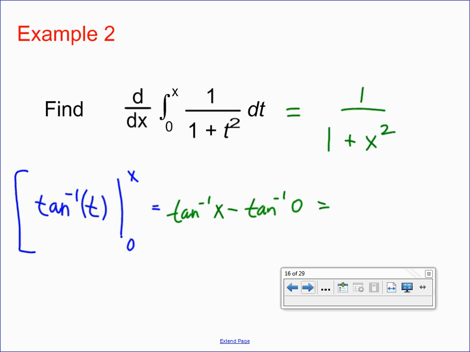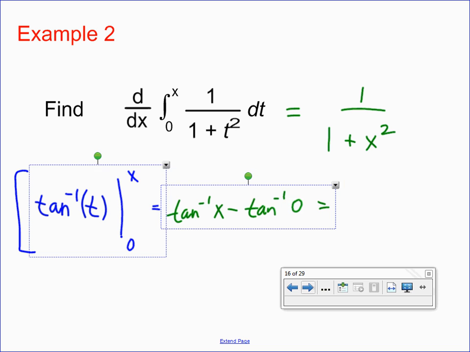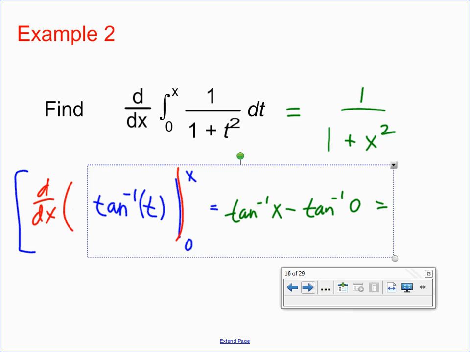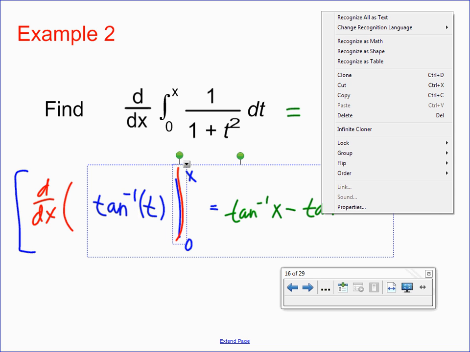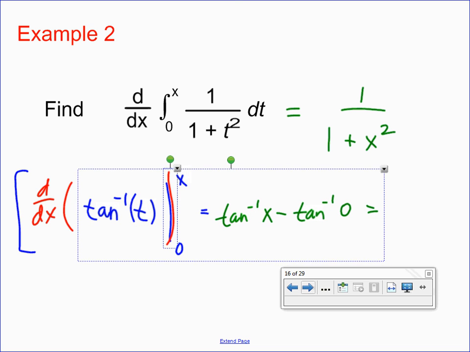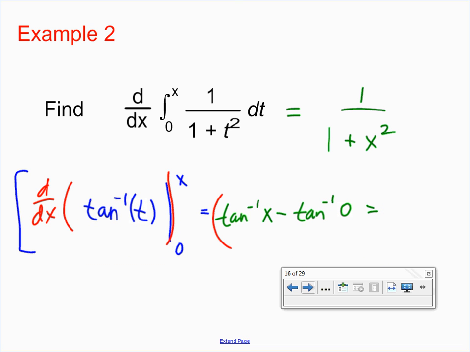But if I went so far as to differentiate this, took the derivative of that, what would the derivative of inverse tangent of x be?